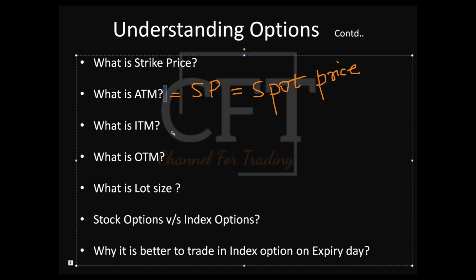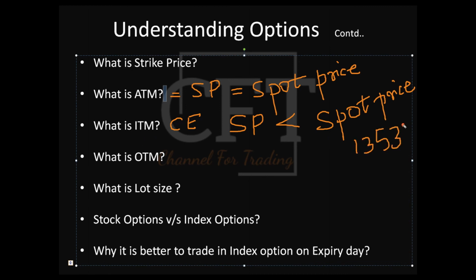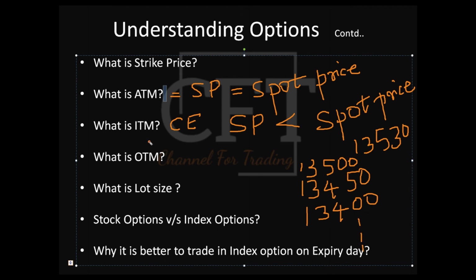Okay, what is in the money? In the money is also similar. For a call option, if your strike price is lesser than your spot price, then that is known as in the money. So if the Nifty is trading at 13,530, then all the strike prices of 13,500, 13,450, 13,400, you got it right, all these will be in the money.